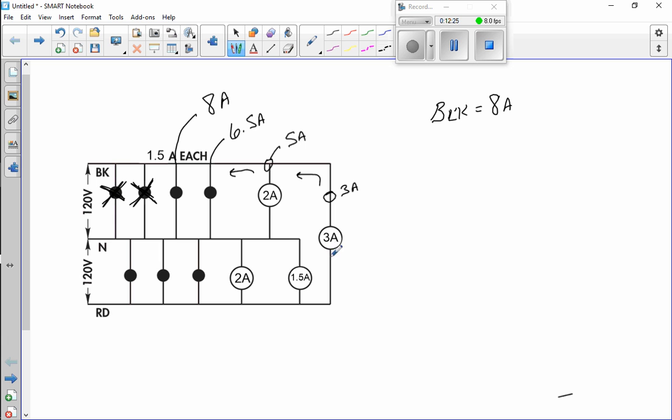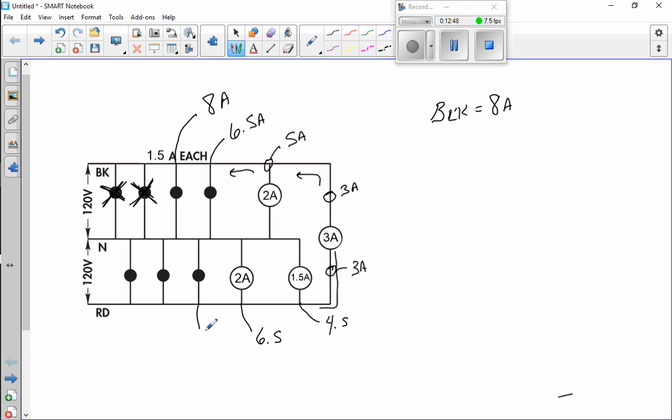Now, given that same scenario, we want to know what's going to be happening on the red. So we start off right off the bat once again with 3 amps. We add an amp and a half onto it, so that's going to be 4.5. Then we add 2 more amps onto it, so that's going to be 6.5.